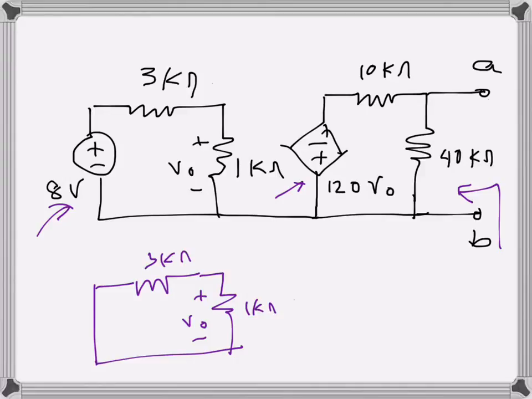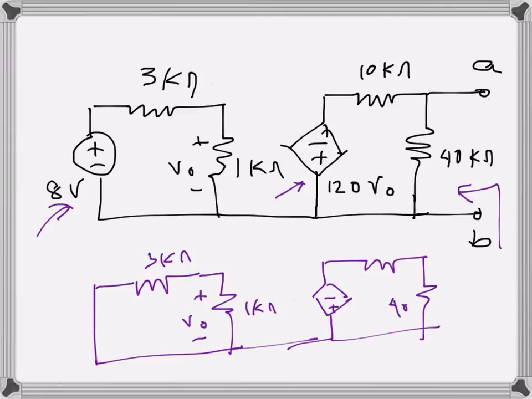So I will apply a current source of 1 milliamp. So this is there, 40 kilo ohms, 10 kilo ohms, and then here the 1 milliamp source is connected.